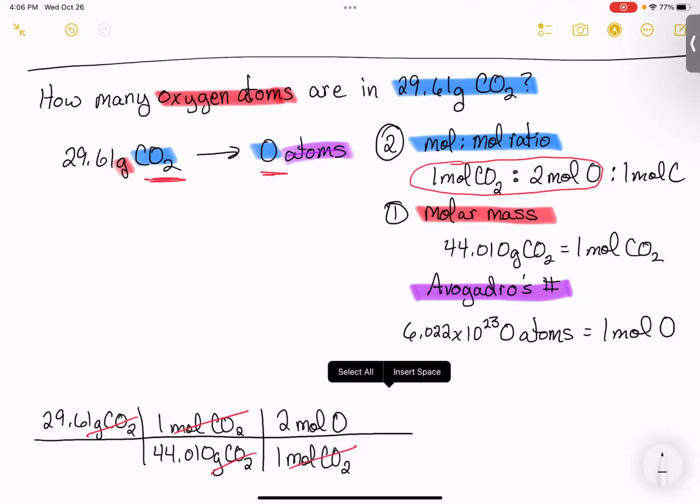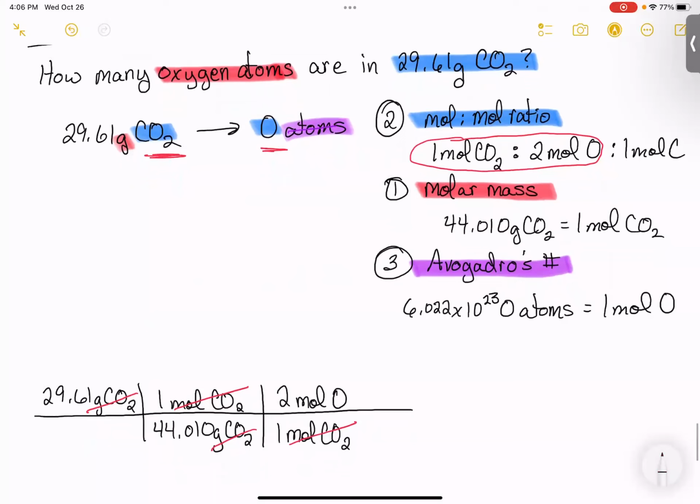But I need atoms of oxygen, so I'm going to use Avogadro's number as my third conversion factor. On Avogadro's number, the mole portion will go into the denominator, whereas the 6.022 times 10 to the 23rd oxygen atoms will go into the numerator. The mole portion had to go in the denominator so that the unit and the substance would cancel, and I was left with the oxygen atoms.